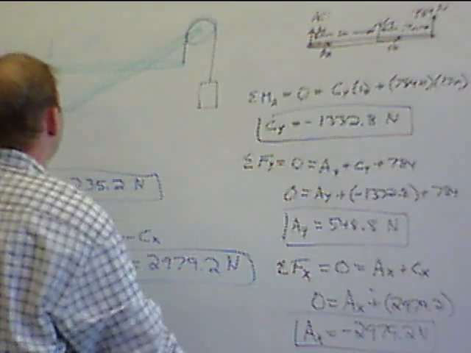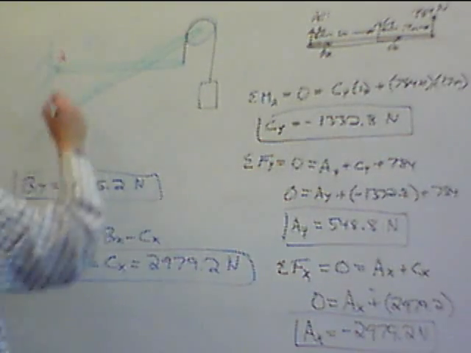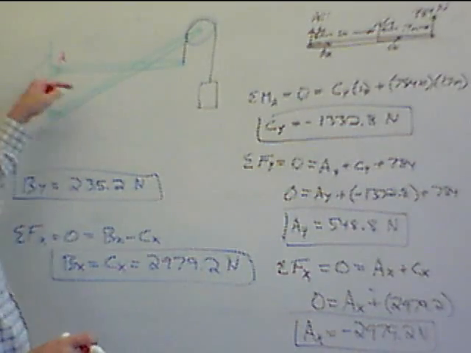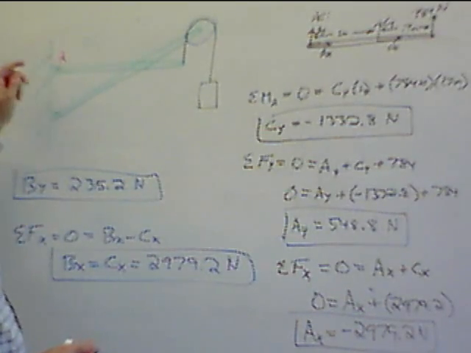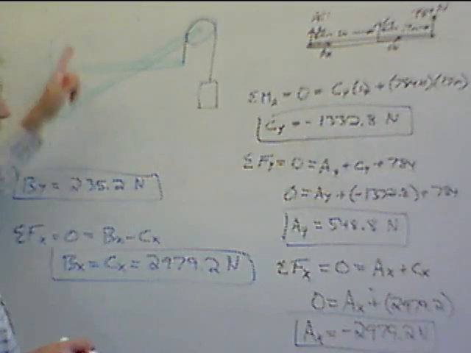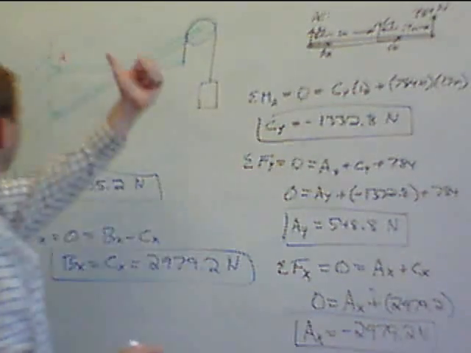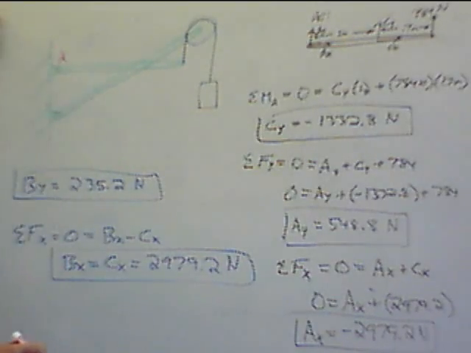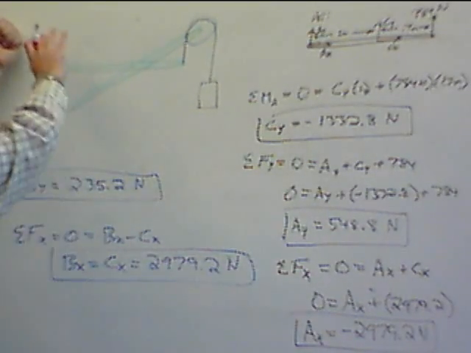Okay, so what we found is that point A, we assumed it was pulling to the right, the pin joint had to push to the right and up. As it turns out, it's pulling to the left and up. That makes sense. This pin joint is pulling it this direction, okay, keeping it from falling this way.